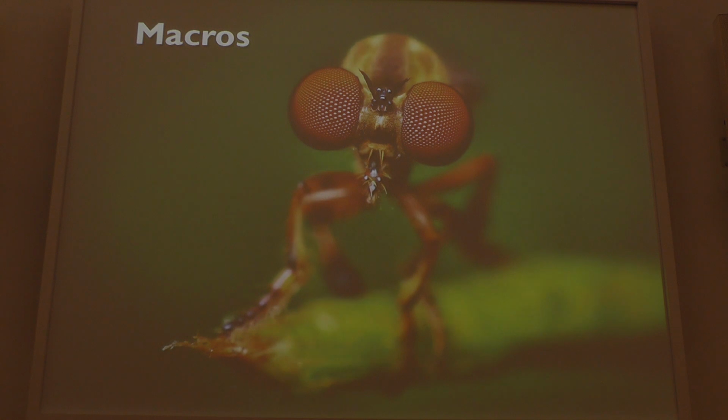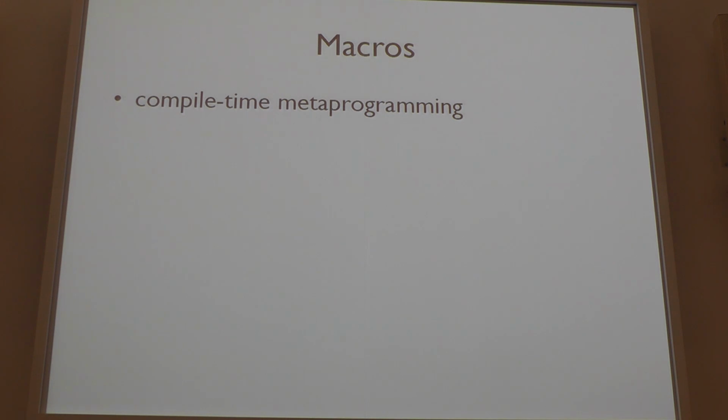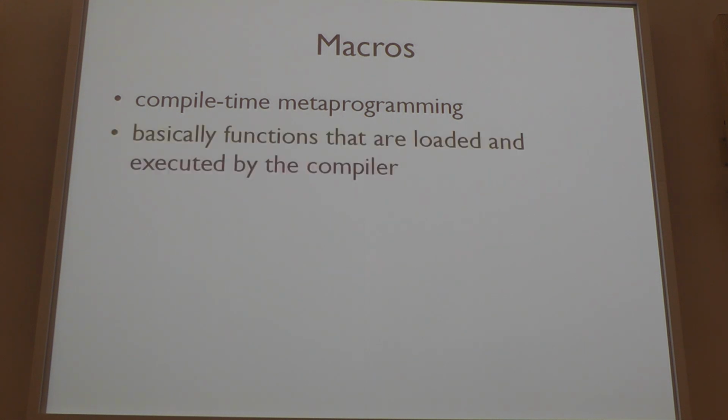Macros. Macros are a very new thing in Scala 2.10, and they are actually still considered to be experimental, so you have to import or enable them if you want to use them. If you know Lisp, Lisp has macros very similar to Scala's macros. Macros are a means of compile-time metaprogramming.